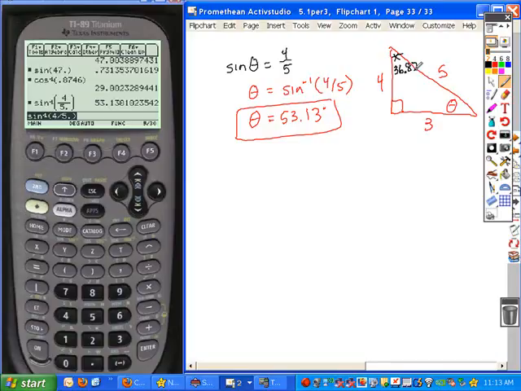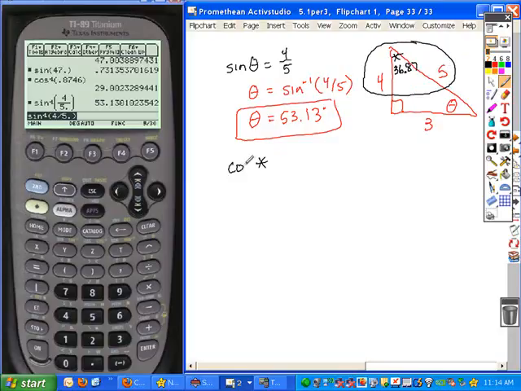And let's see, based on this, how can we test that? Just given what was provided for us, these two. If I called this angle right here, what ratio would I have given 4 and 5? Sine, cosine, or tangent? Cosine, right?